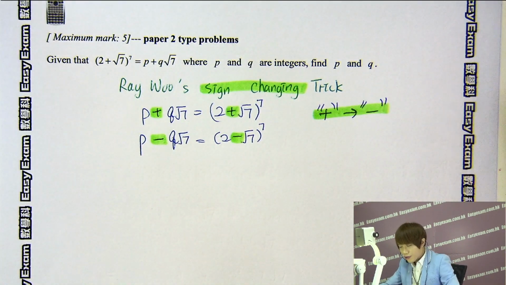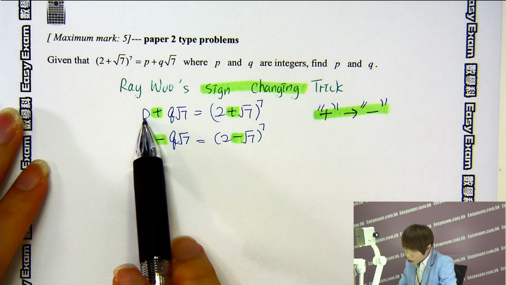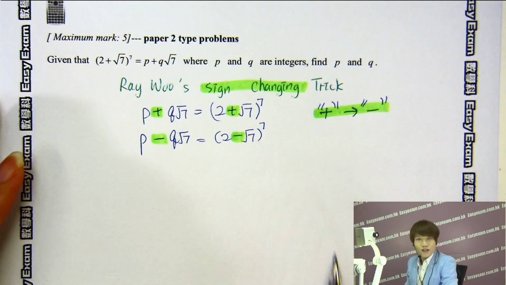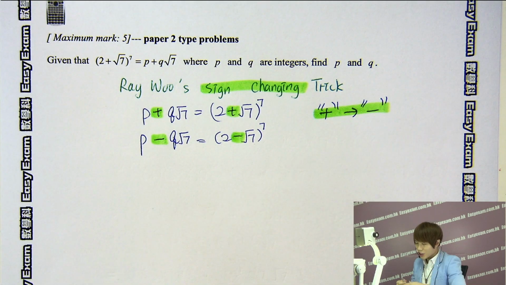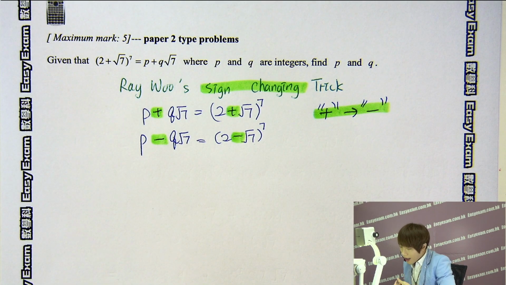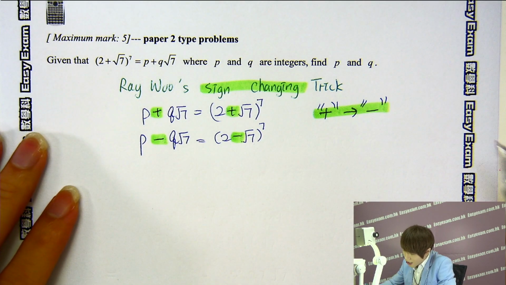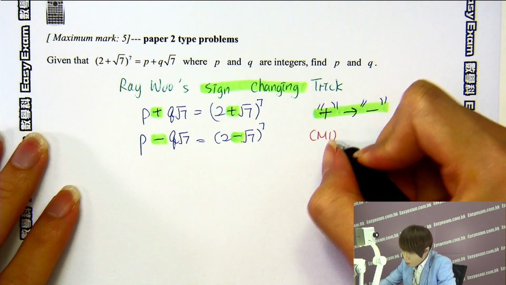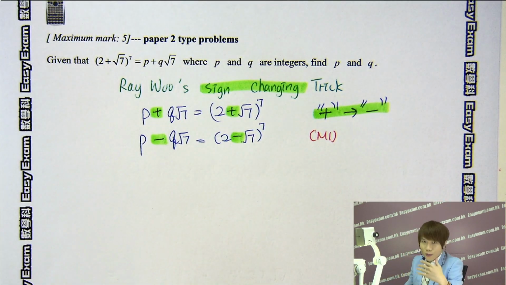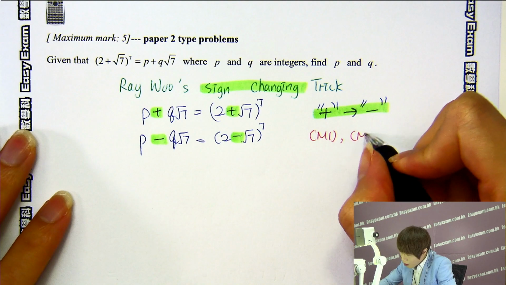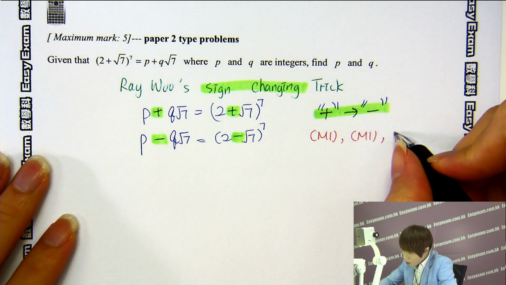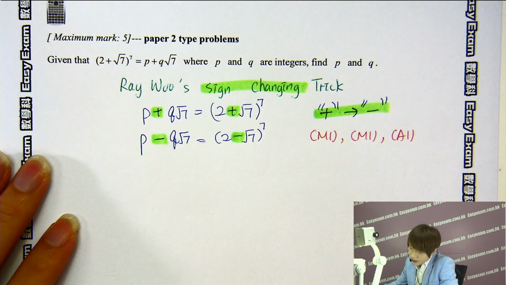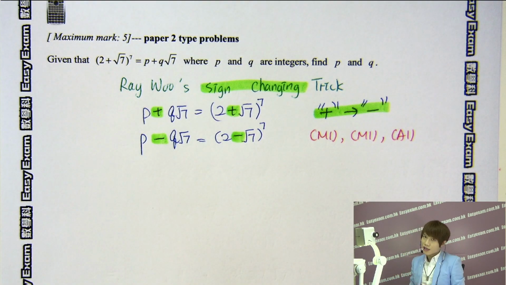Now you can actually see you've got two equations in terms of p and q, or accordingly a simultaneous equation in terms of p and q. And of course, if you get this right, you will be awarded M1 for the evidence of a valid approach, M1 for the evidence of changing sign, and A1 for setting up those correct equations.